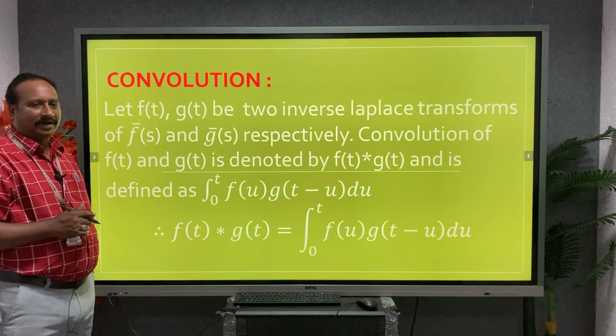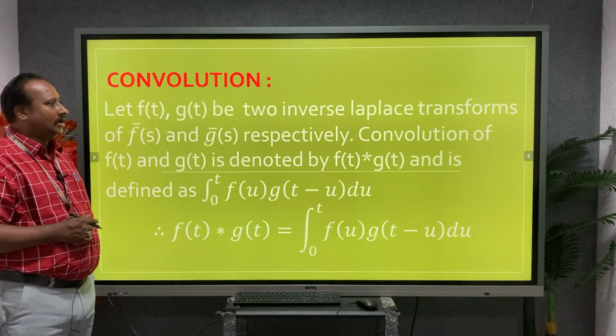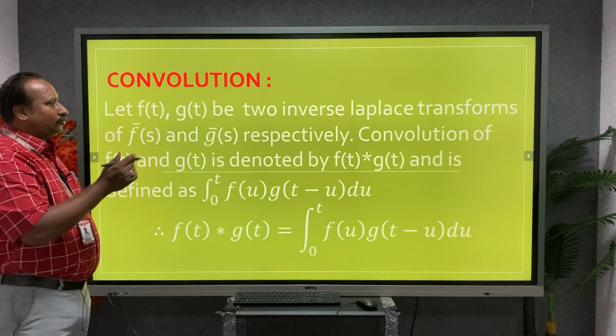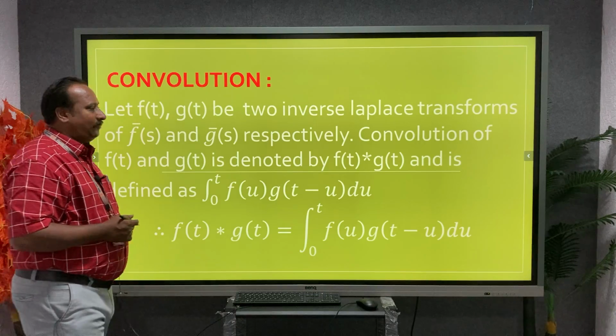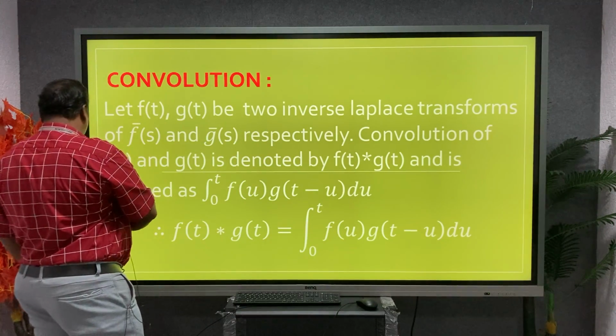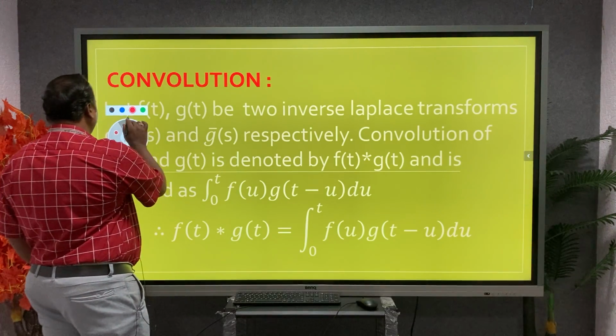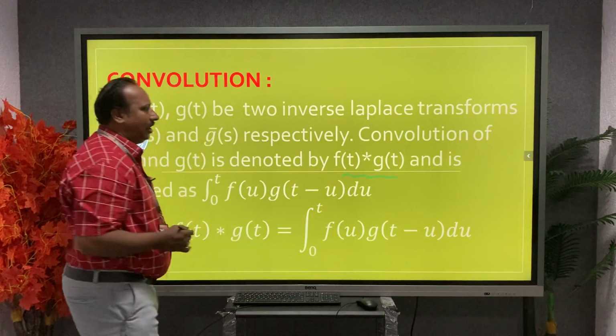Both are inverse Laplace transforms of f bar of s and g bar of s respectively. Then the convolution of f of t and g of t is denoted by f of t star g of t.